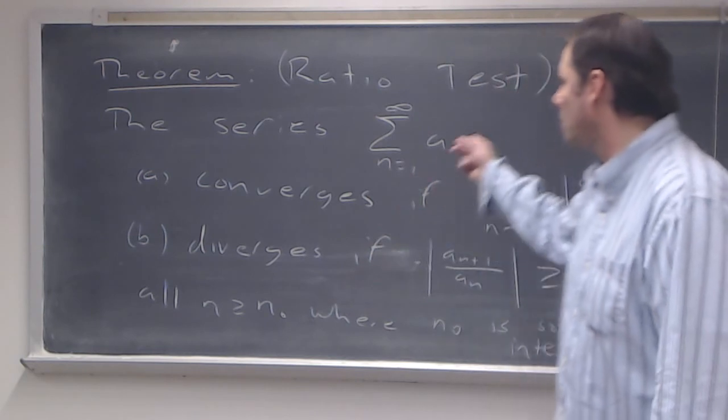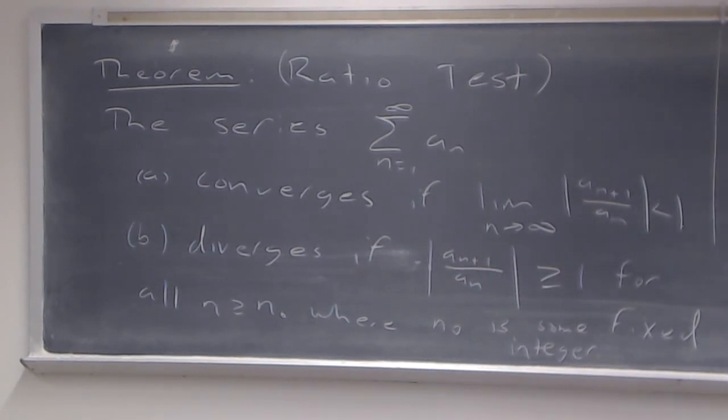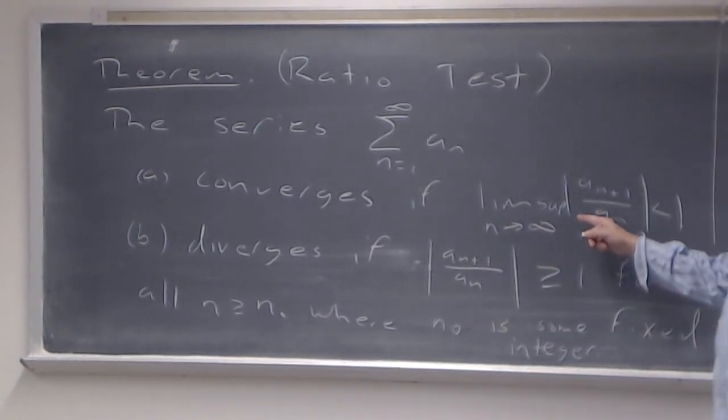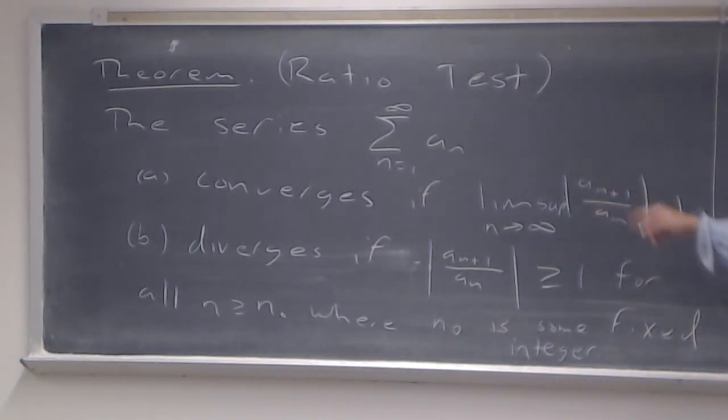So let's recall the ratio test. What it says is that this series, the sum as n runs from 1 to infinity of a sub n, where we're thinking of a sub n as complex numbers, converges if the lim sup as n runs to infinity of the absolute value of a sub n plus 1 over a sub n is less than 1.